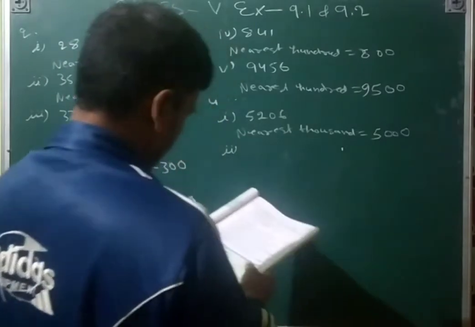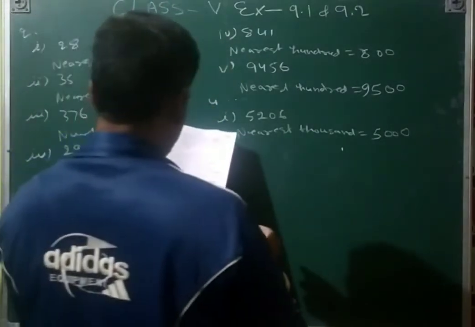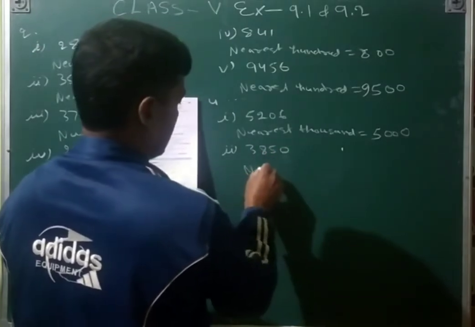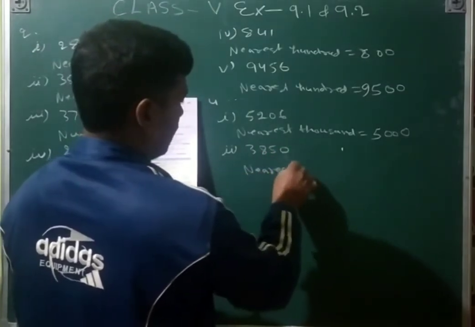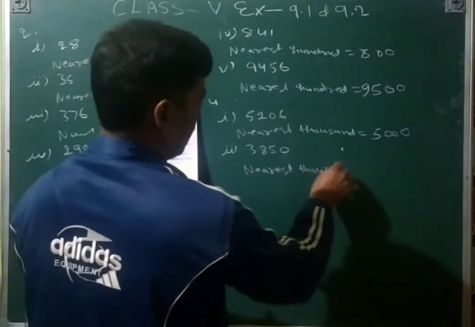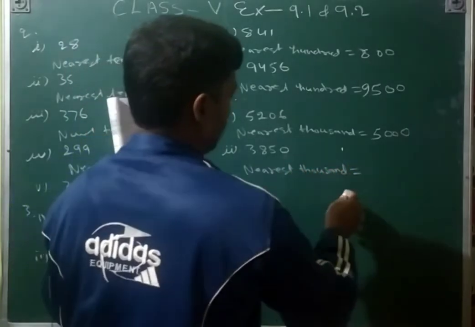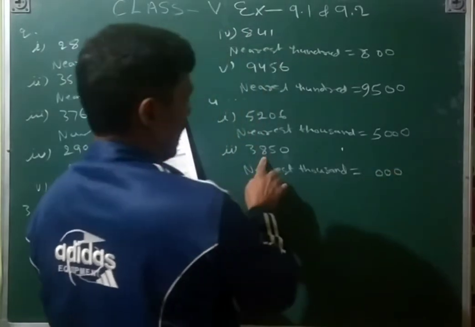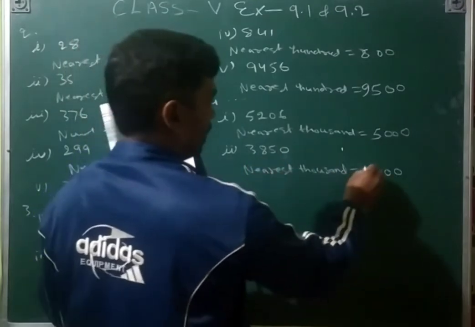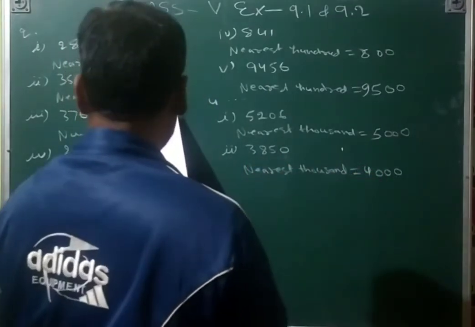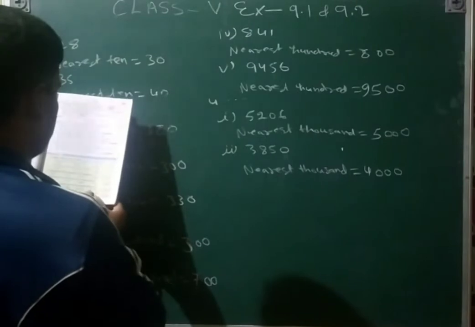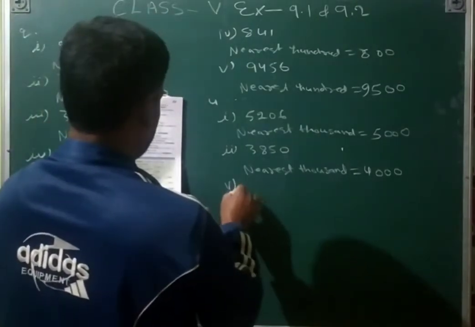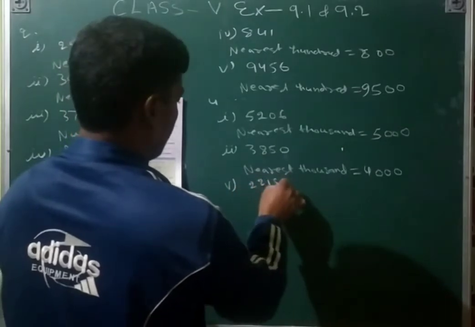Second part is 3850. Nearest 1000, the last three digits will become 000 because we are doing 1000, and this is the 8, so this will be changed, this will be 4000. And then the last part, the fifth part, the other part you can do, 22185.